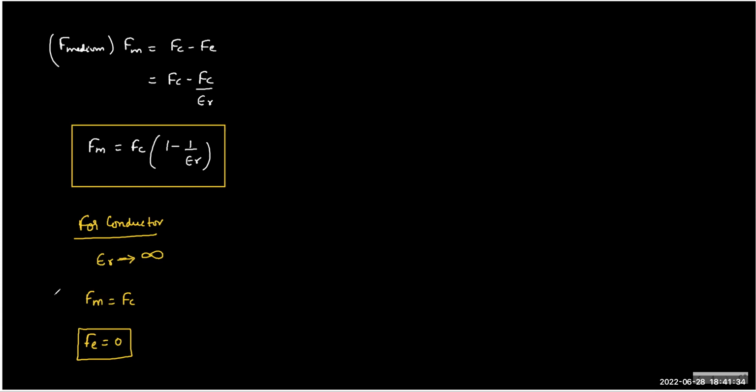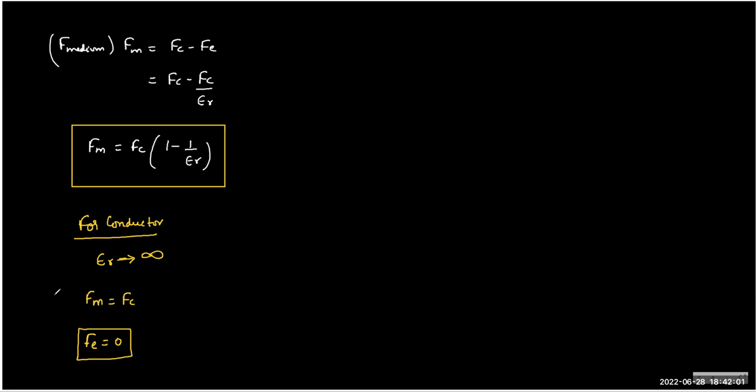But it doesn't mean that they will not experience force. The force will be there, but due to the conductor itself. So now the conductor will apply the force, but the charges cannot apply force on each other. So bringing a conductor between two charges will stop the interaction, and the charge will only be interacting with the conductor itself.